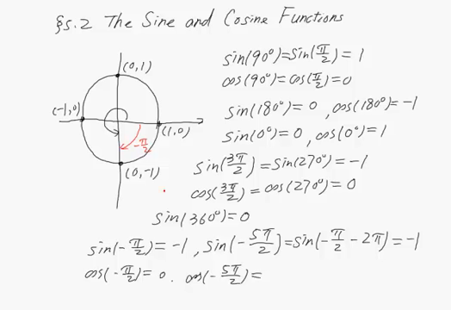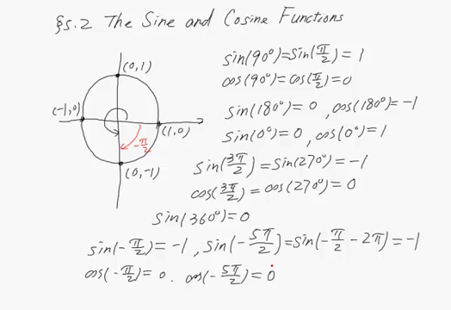Still 0, right? See here, still 0. You need to get yourself familiar with the sine and cosine values of all these commonly used angles, the multiples of 90 degrees.